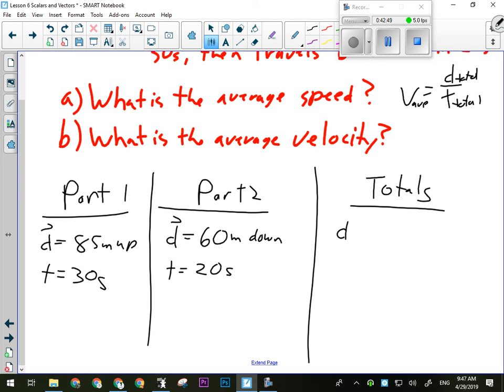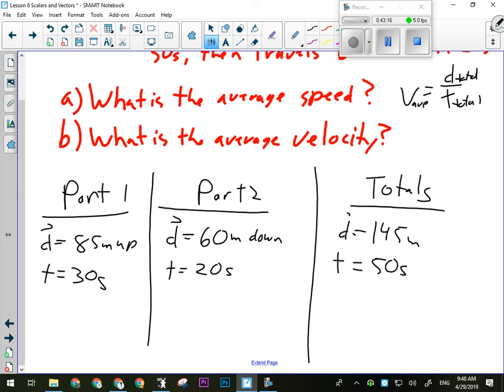So what I need to find here is my total distance. My total distance is going to be 145 meters, 85 plus 60. Everybody okay with that? Oops, sorry, I put an arrow over top. That shouldn't have an arrow. This should just be D. So 145 meters, and then our total time is 50 seconds, 30 plus 20. Everyone okay with that?